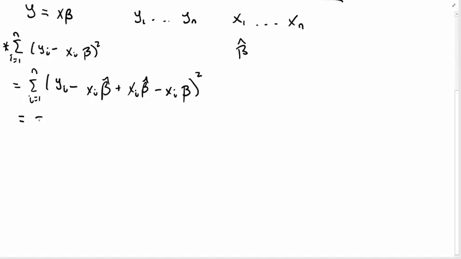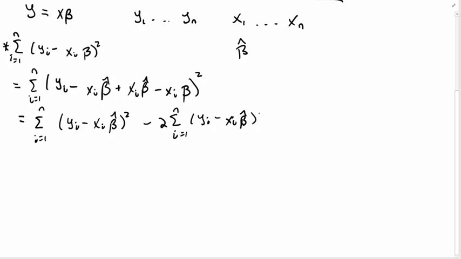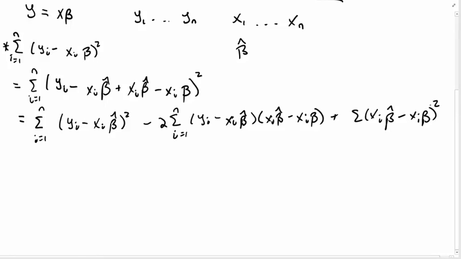I can expand this square: the summation i equals 1 to n of yi minus xi beta hat squared, and I'm going to distribute my sum, minus twice the summation i equals 1 to n of yi minus xi beta hat times xi beta hat minus xi beta, plus the summation of xi beta hat minus xi beta squared.